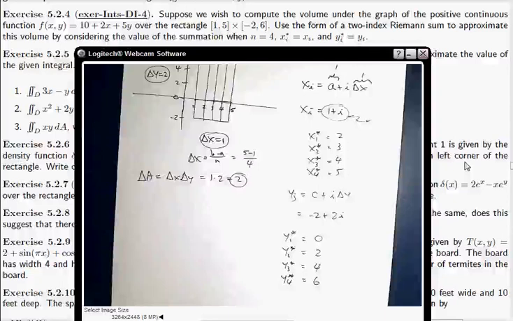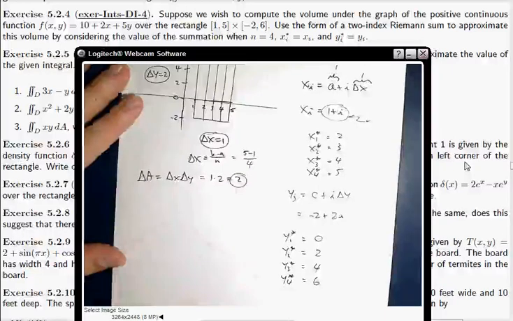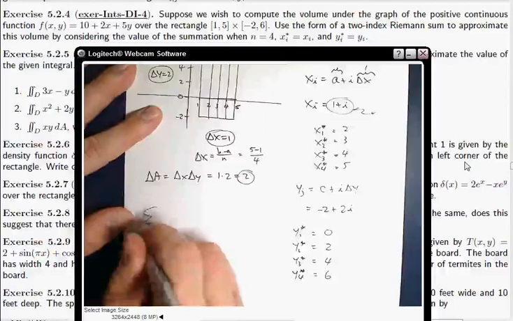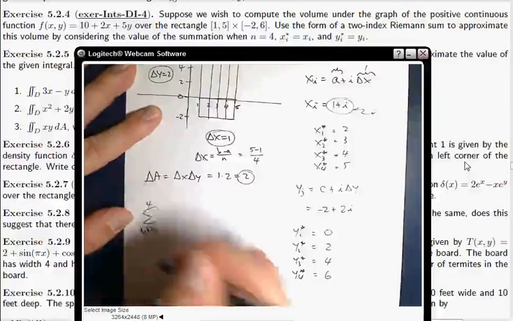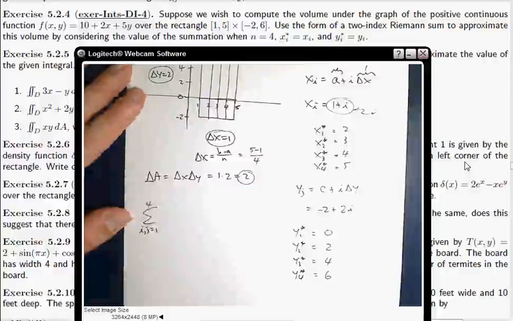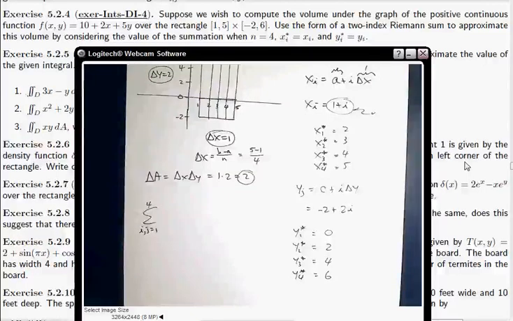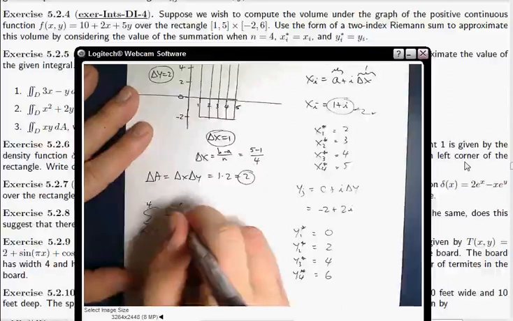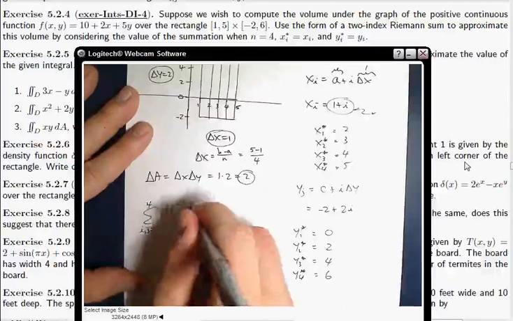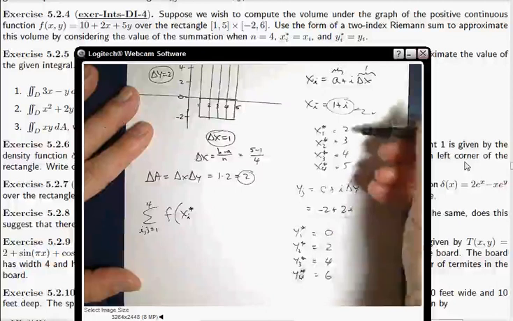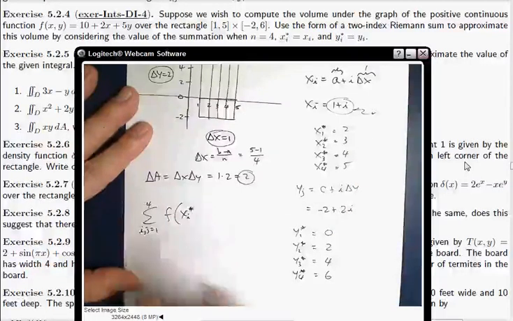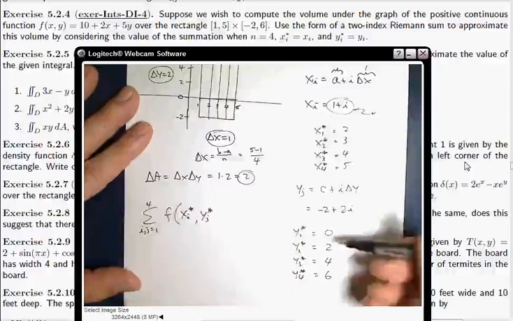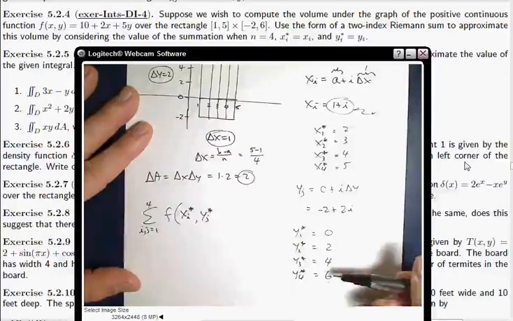Good? Okay, so now we've got a summation. I'm kind of running out of space here. We've got this summation where both i and j are going to go from 1 to 4. That means we're going to have 16 terms here. In each case, we're looking at f of the corresponding x choice, depending on which i you're looking at, and then the corresponding y choice, depending on which j you're looking at.